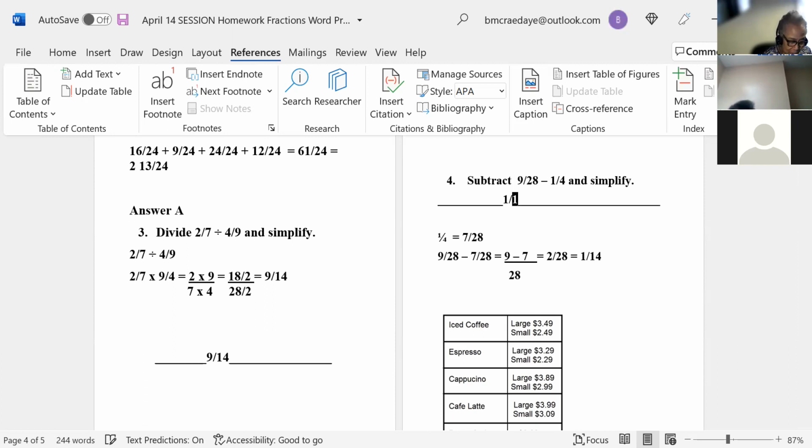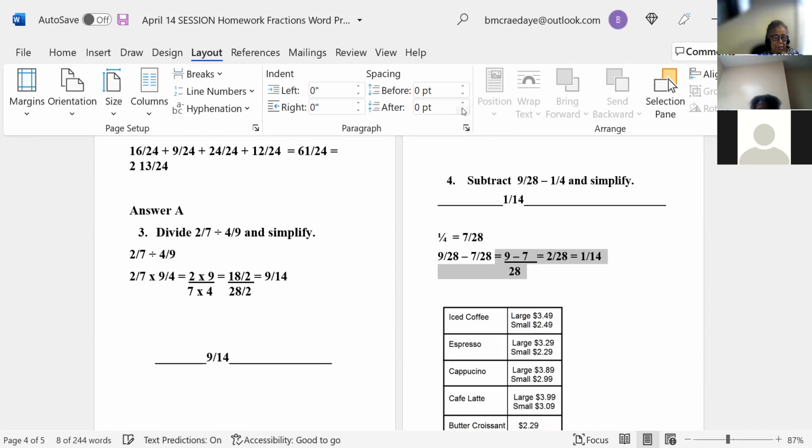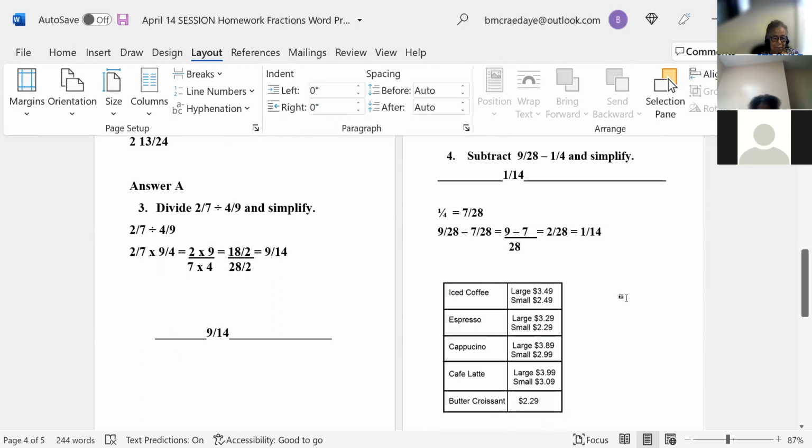Any questions on subtraction? Same rules as addition. They must have the same denominators. You cannot do operations of fractions with addition or subtraction unless the denominators are the same. Questions?